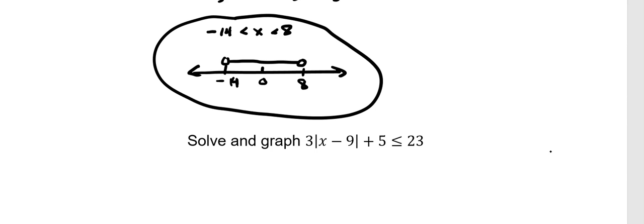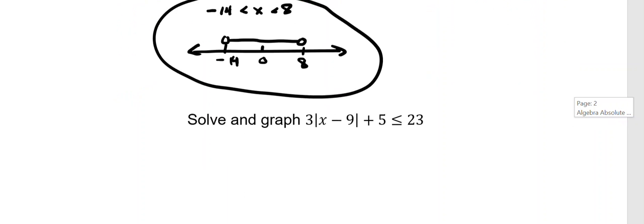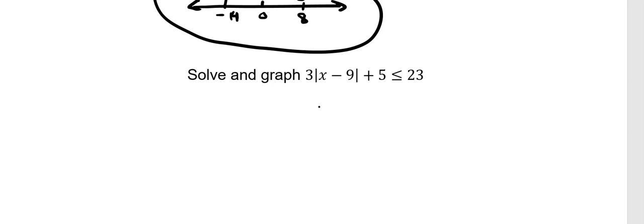Now we could test this if we wanted to. We could take these values, substitute them back in, and make sure they make perfect sense. So testing is still something we have the ability to do, even with absolute value inequalities. Now, for the next problem, you can see we do have to deal with isolating first.